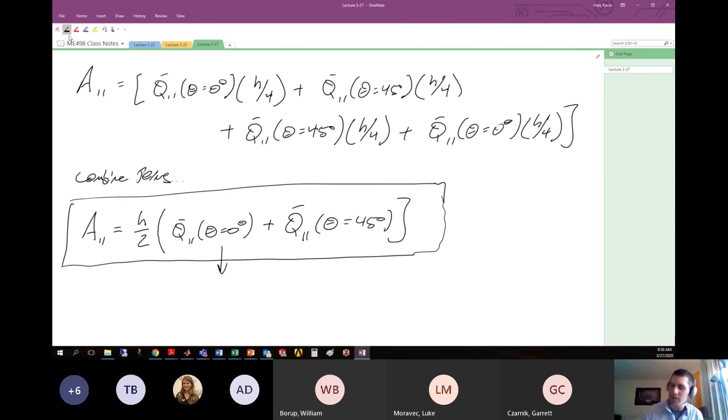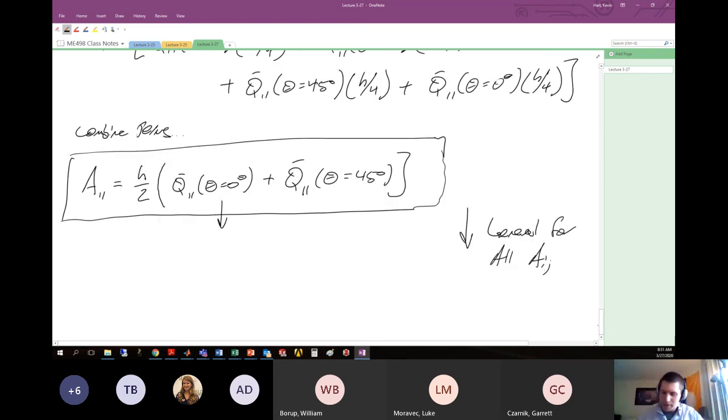All right. So we calculated here for A11, but this is general for all Aij. We didn't do anything specific related to the 1,1, 1,2, 1,3 entry, and so forth.